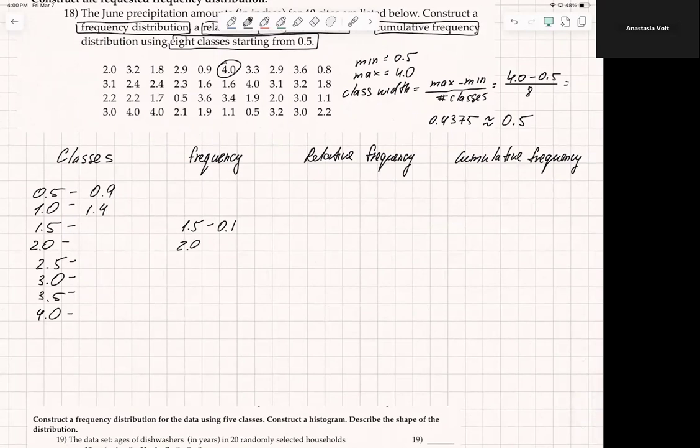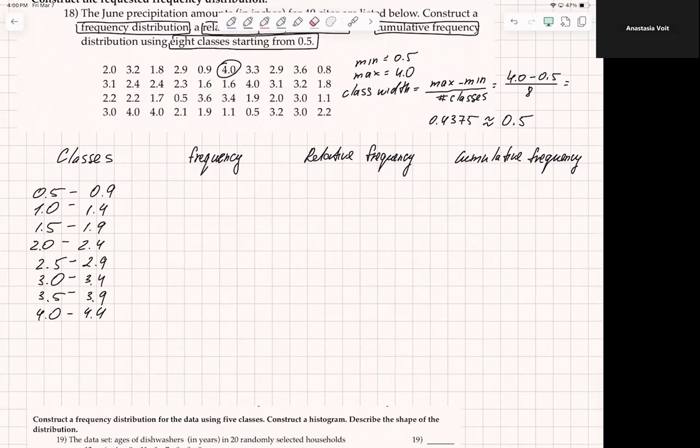Next one, we have 2.0 minus 0.1, that's going to be 1.9. Then we have 2.5 minus 0.1, it's going to be 2.4. And for the rest of them, that's going to be 2.9, 3.4, 3.9, and 4.4. All right.